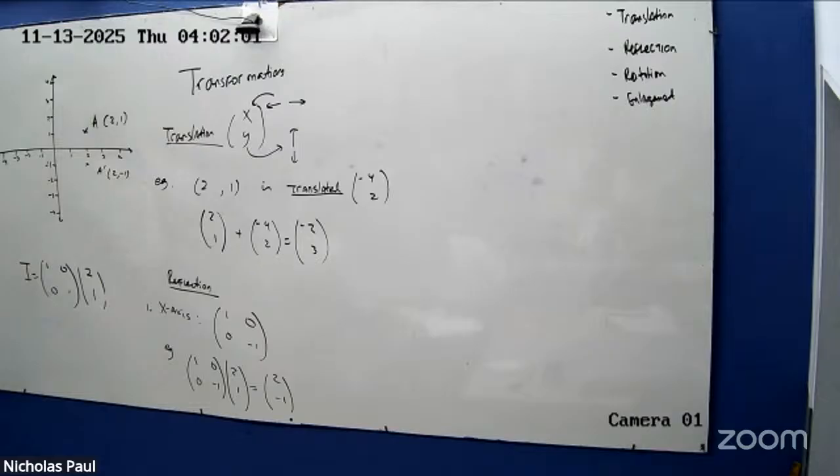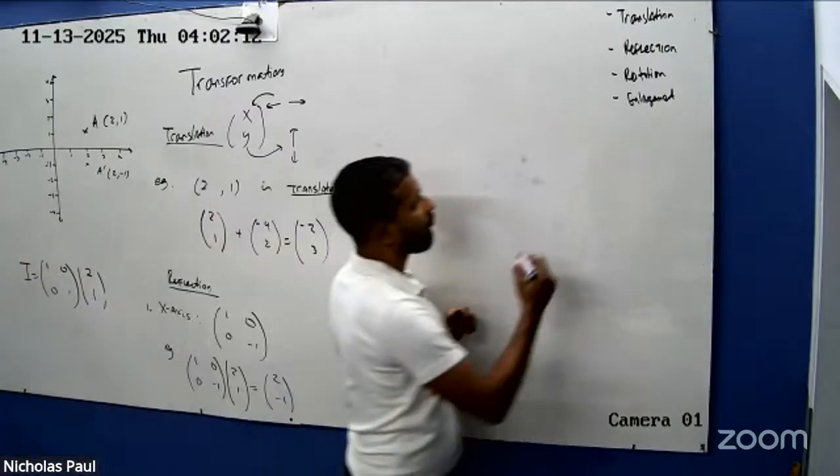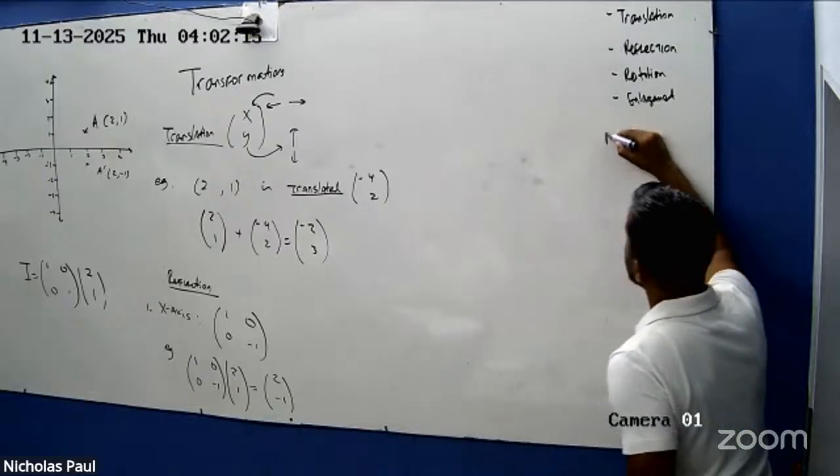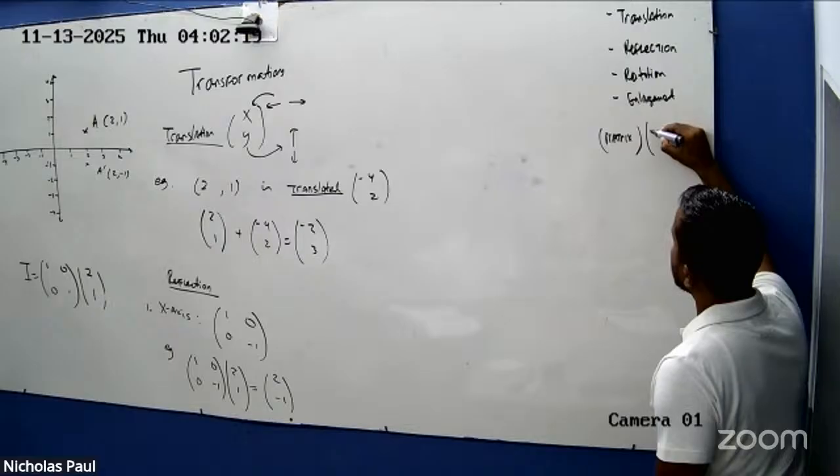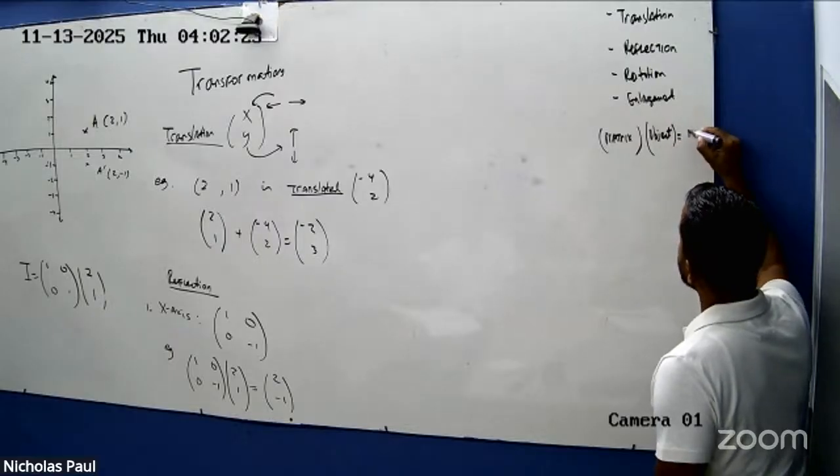Anybody can answer again. Suppose I give you the image, and I want you to get back the object. What do you have to do? So we said matrix by the object gives you the image.